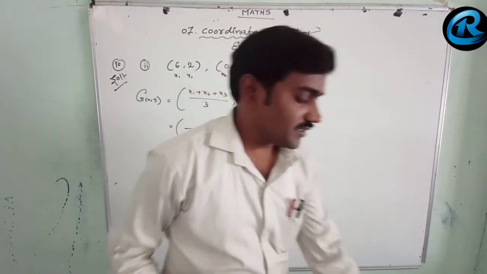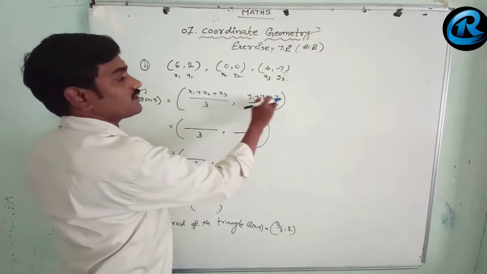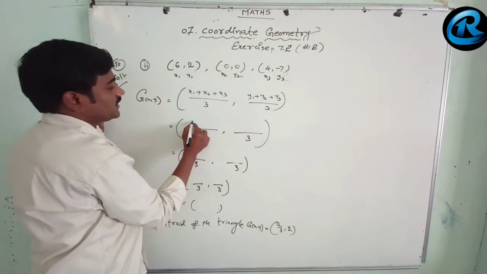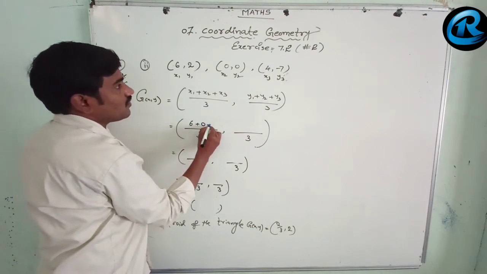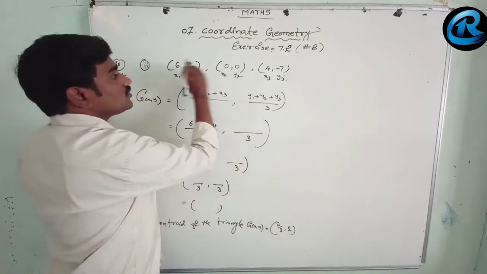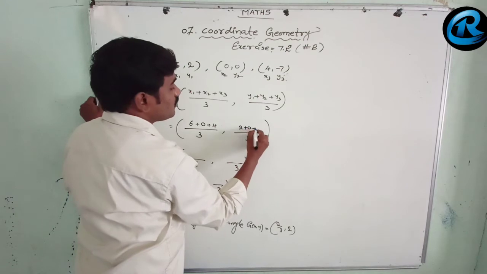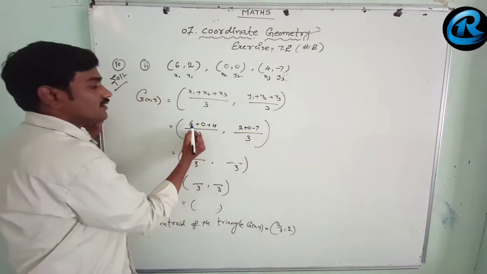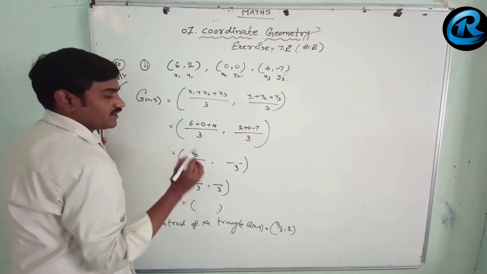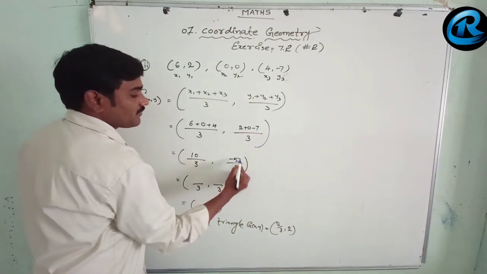Let us find the centroid of the triangle: x1 plus x2 plus x3 by 3, y1 plus y2 plus y3 by 3. x1 plus x2 plus x3 is 6 plus 0 plus 4 by 3, y1 plus y2 plus y3 is 2 plus 0 minus 7 by 3. Here 6 plus 4 is 10, 10 by 3, and 2 minus 7 is minus 5 by 3.